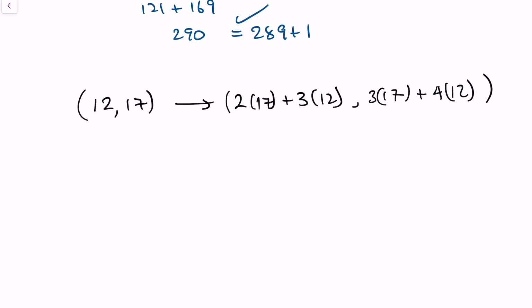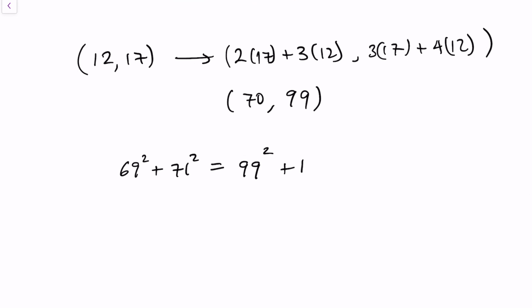So what would that give us? Okay, so again, let's test this. (x minus 1) squared plus (x plus 1) squared. So we have 69 squared plus 71 squared. Now, is it equal to 99 squared plus 1? Well, the left-hand side is 9802, and the right-hand side, indeed, is 9802.